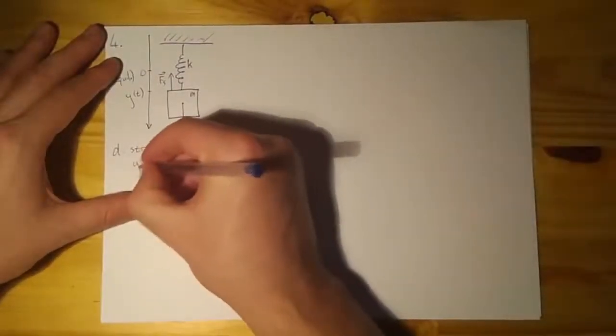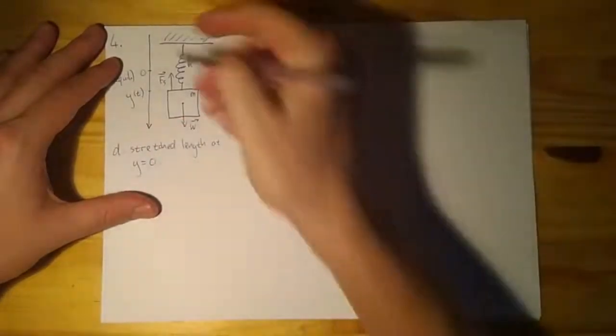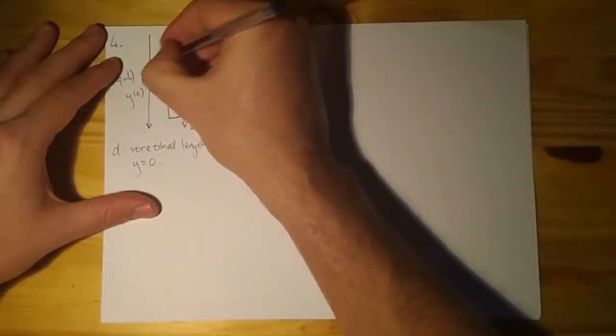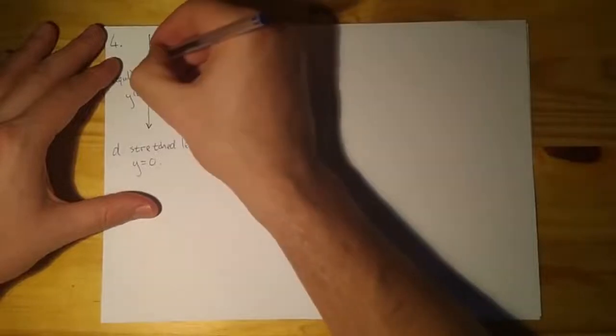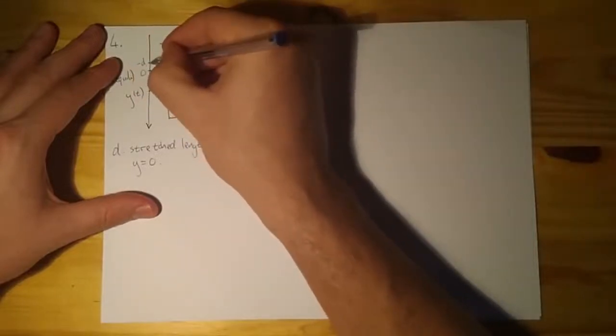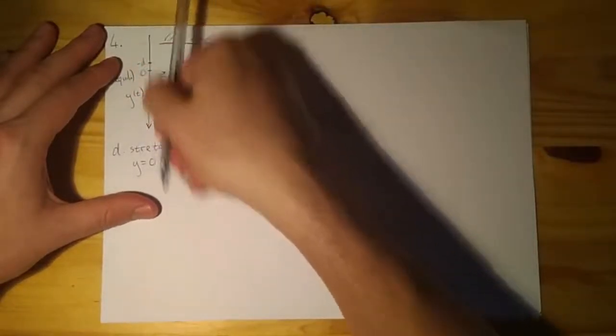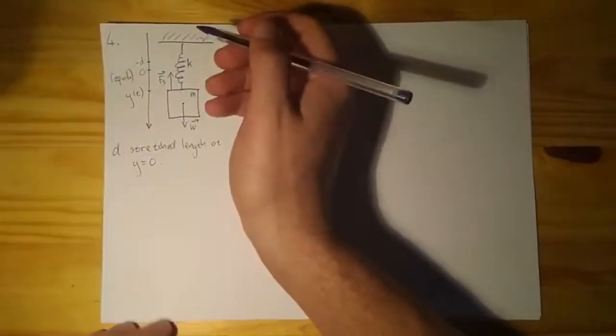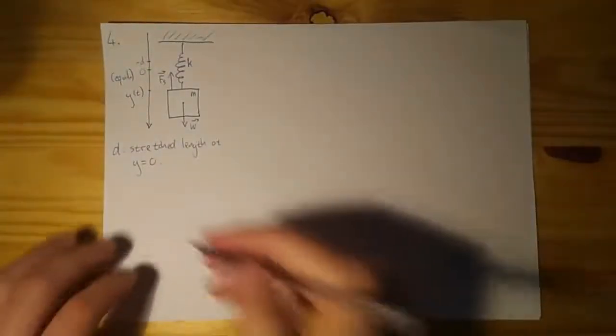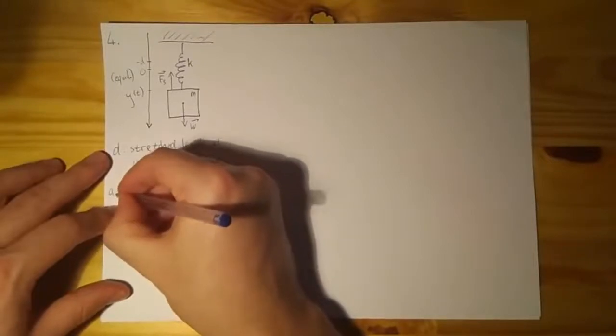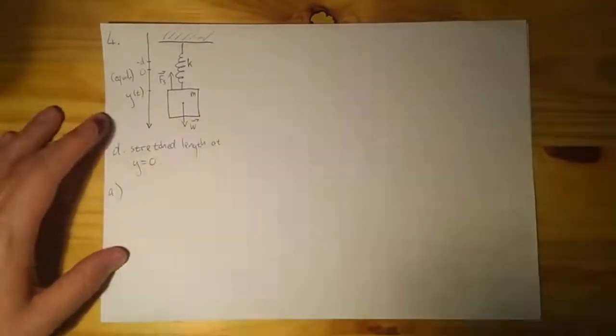So y equal to 0 is clear enough. So there, for example, would then be the unstretched length, and that would be at minus d, right? Because remember, downwards is positive. Good.